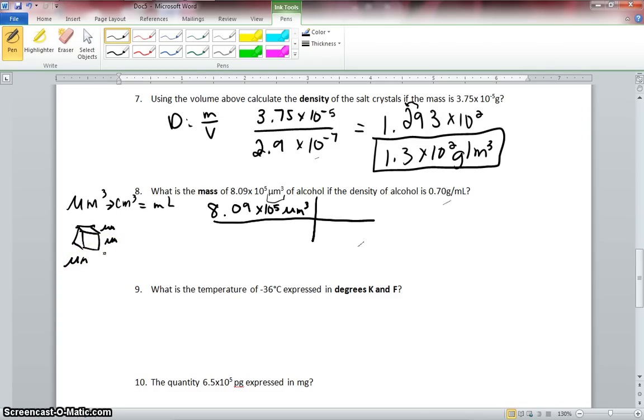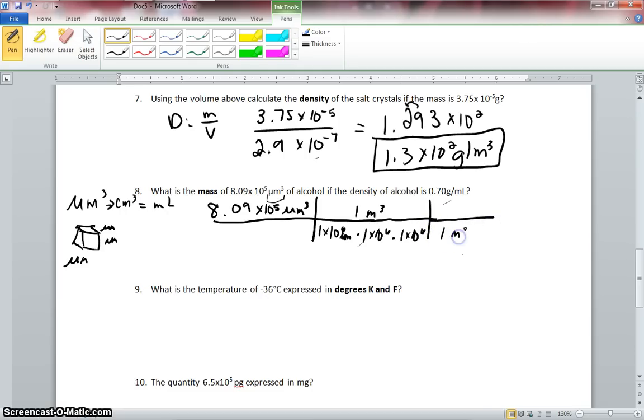So we know with micrometers that 1 times 10 to the 6 micrometers is going to be equal to 1 meter. So we're going to have times 1 times 10 to the 6th, times 1 times 10 to the 6th, which is equal to 1 meter cubed.